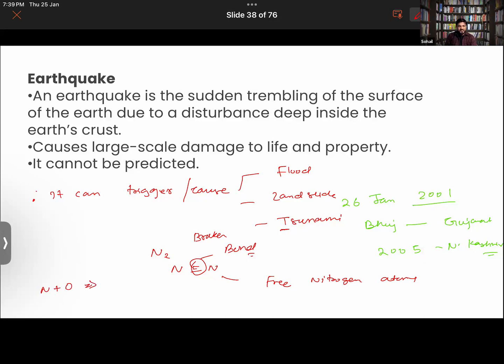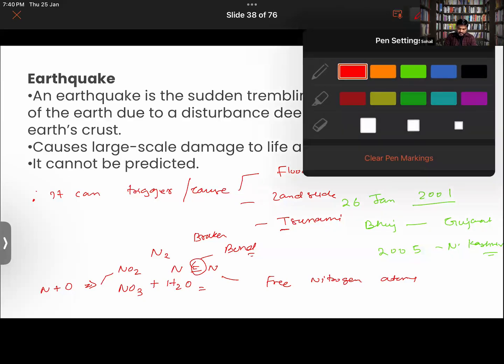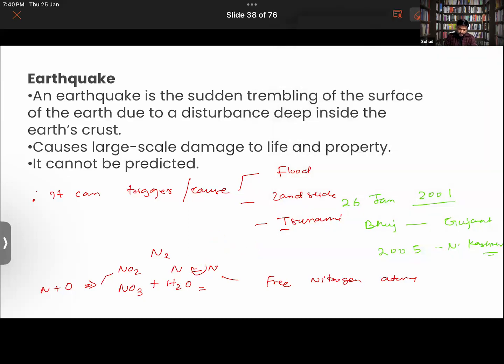So free nitrogen atoms are there, so now nitrogen will be combining with oxygen to form oxides of nitrogen, either nitrite or nitrate. Further, if there is a rainfall, that will again combine with water to form nitric acid.